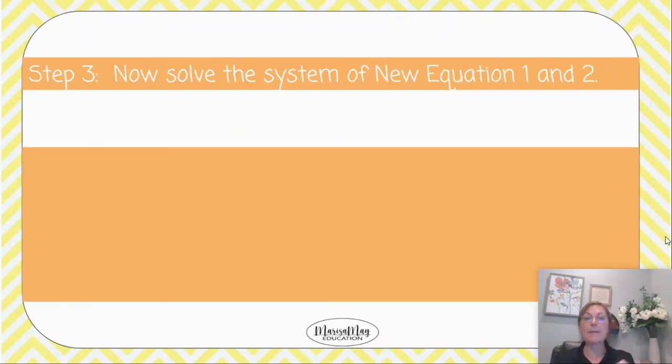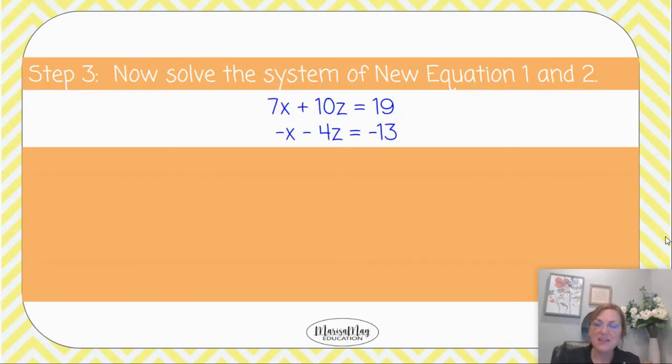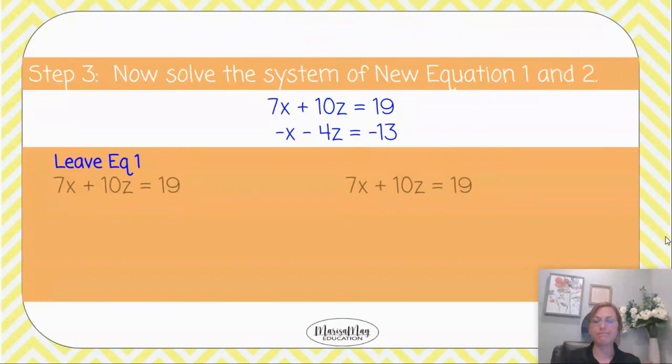So now I'm going to take my new equation 1, which is 7x plus 10z equals 19, and my new equation 2, which is -x minus 4z equals -13. And now I'm going to do elimination here. I'm going to leave equation 1 as is.